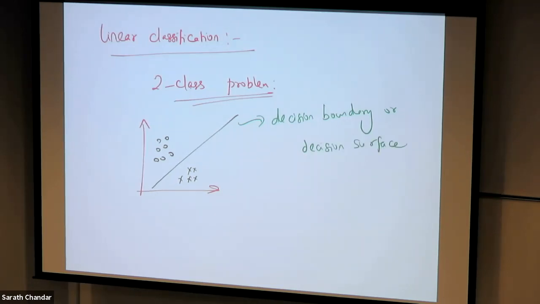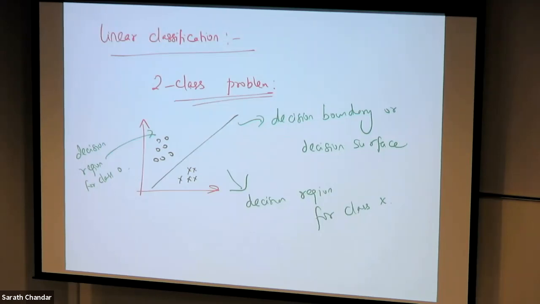Now this decision boundary separates two regions. This is the decision region for class cross. Similarly, this part is the decision region for class circles. Is that clear?